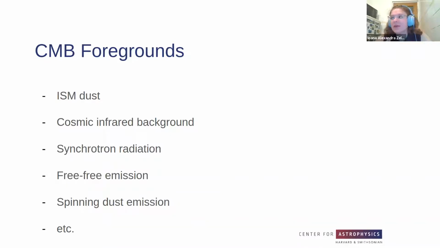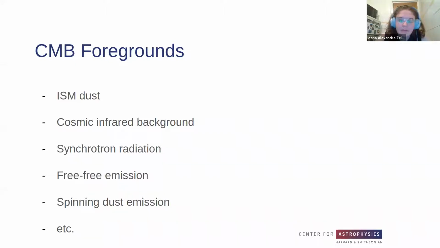But the ones that are the most impactful for the CMB science are the radiation coming from the interstellar medium dust. So dust, much like the human body as well, radiates thermally, and this thermal radiation goes into the infrared and microwave, and it overlaps over the CMB.